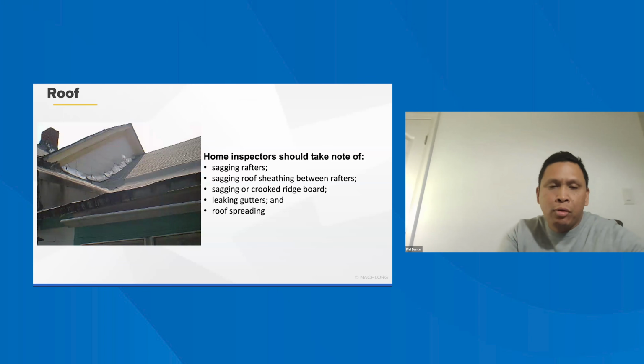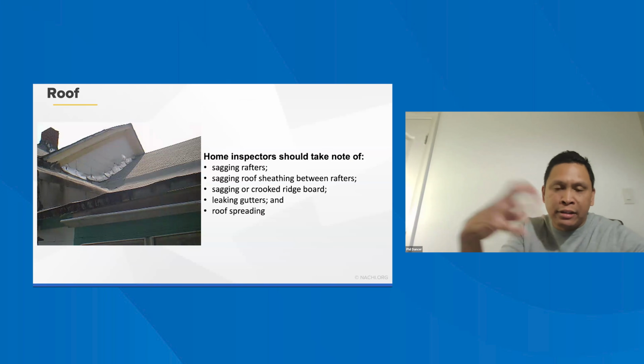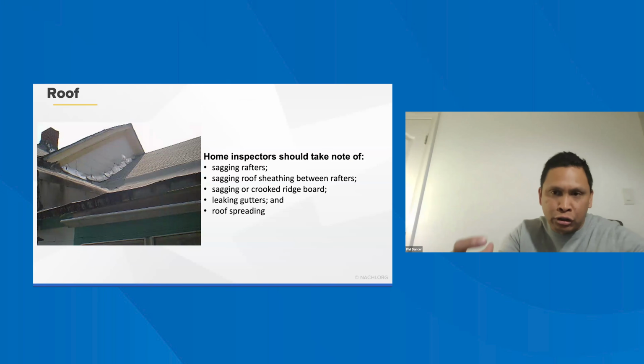So from a roofing standpoint, and this is something that you want to use from a far away perspective, you want to try to get a sense of what the structure is like initially from the roofing system. That way, when you enter, if you think it's safe and you're looking in the attic and then entering the attic, you know where to best spend your time.